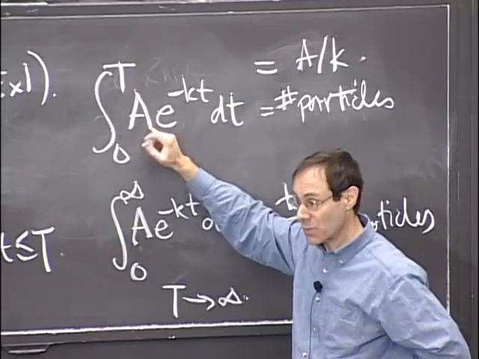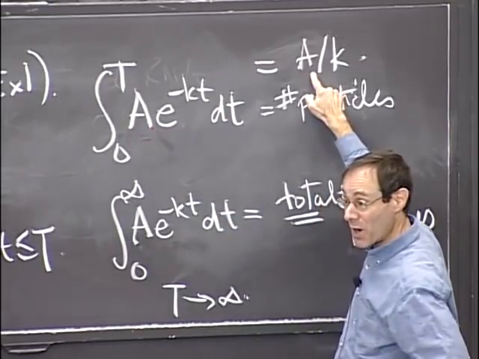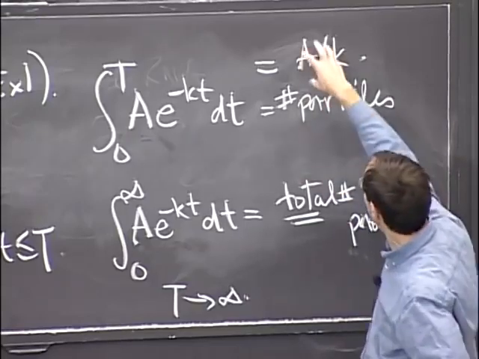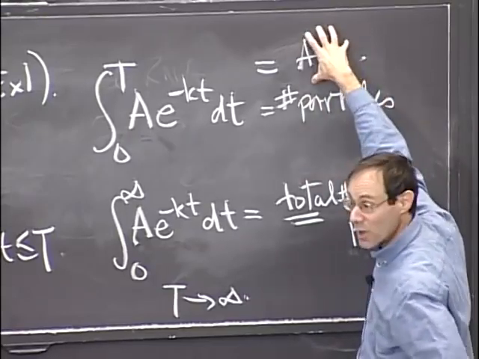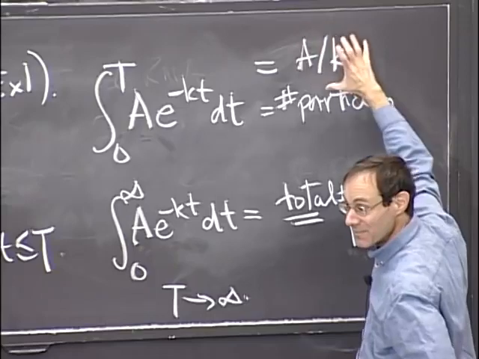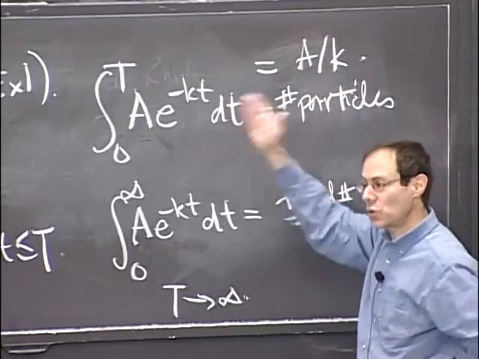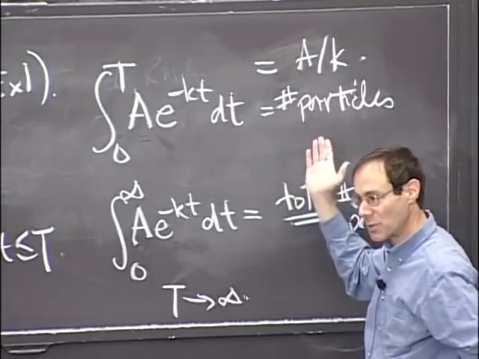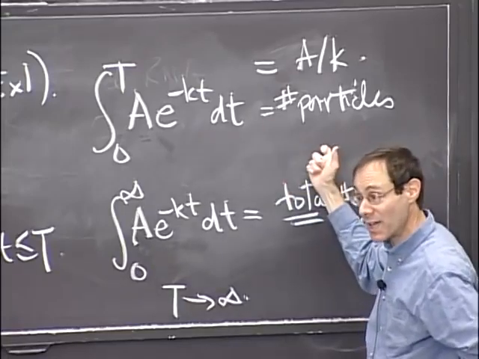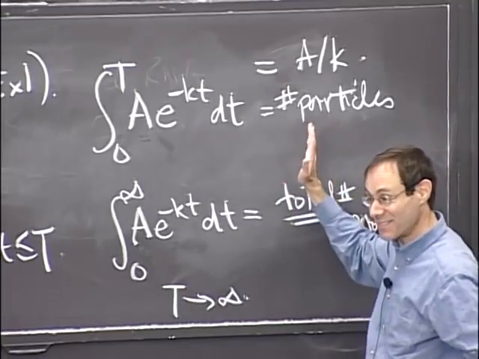But that's just false. This is the total number of particles, so if you want to set it up, you want to set it up so that this number is the total number of particles. And that's how you set up a model: you do all the calculations and you see what it's coming out to be. And that's why you need to do this kind of calculation.